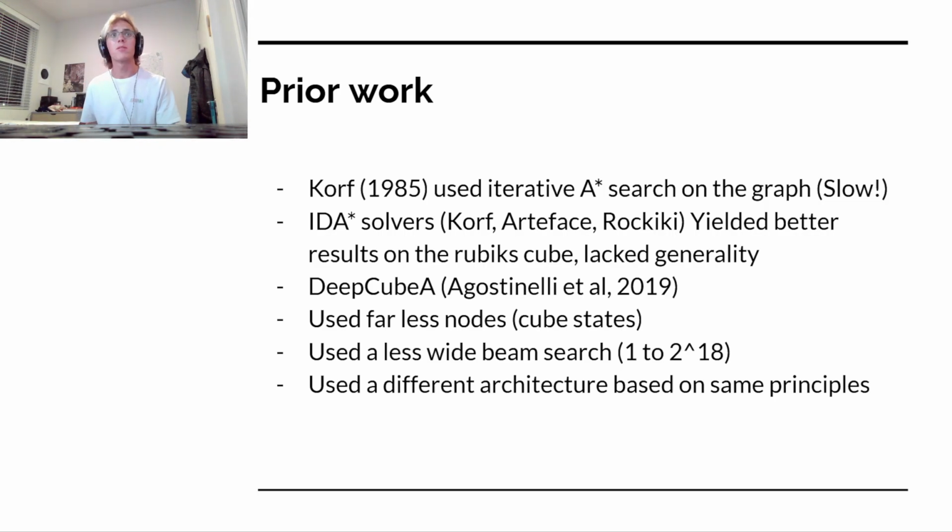You can go backwards and solve the cube. So the solution that Kayo is presenting here uses a lot fewer nodes, and it uses a wider beam search, which is kind of like a breadth-first search, and has a slightly different architecture than the DeepCubeA solver.